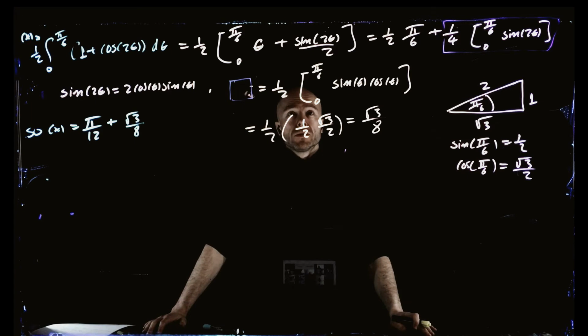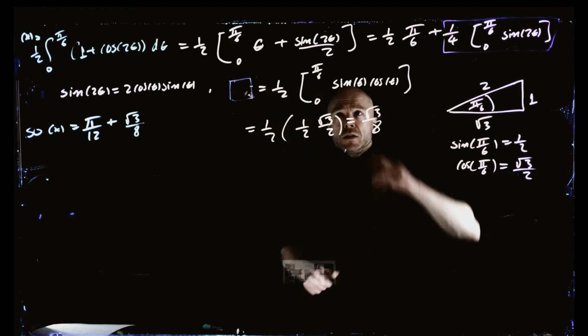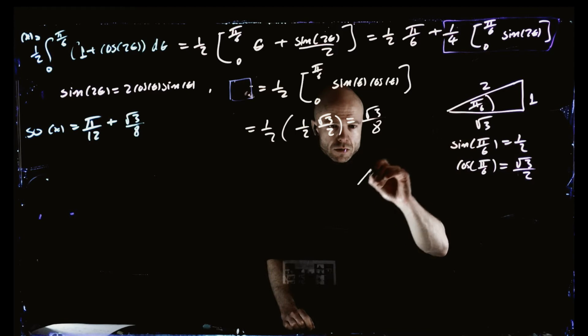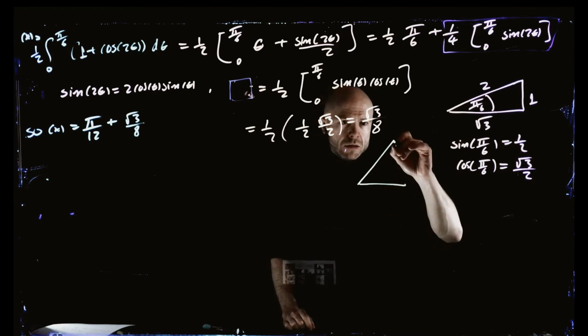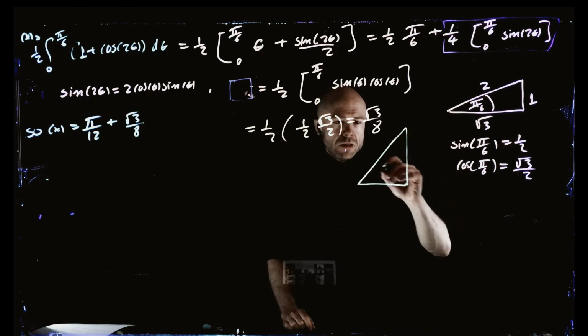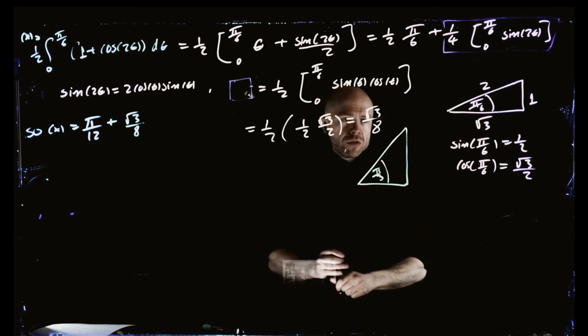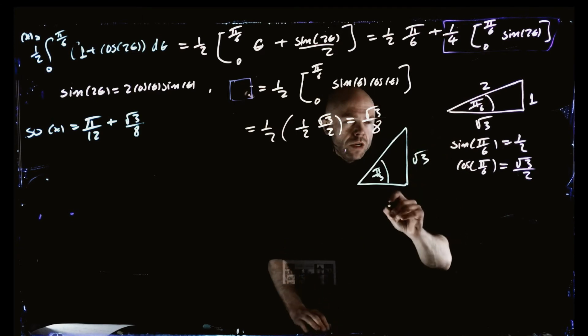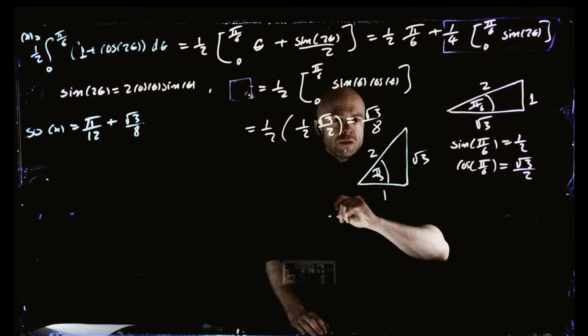That's true. I didn't think about that. Yes, because if we consider this thing, then it is this pi over 3 angle, yeah? And the pi over 3 angle is where these sides are flipped, so it's root 3, 1 over 2, like this.